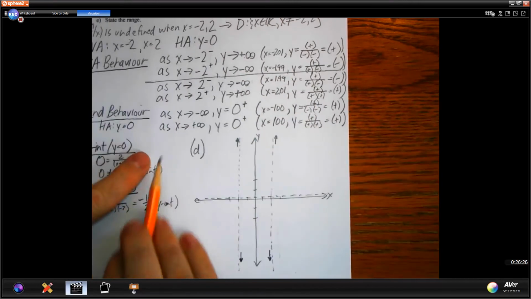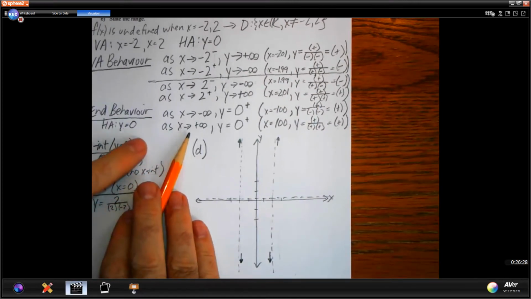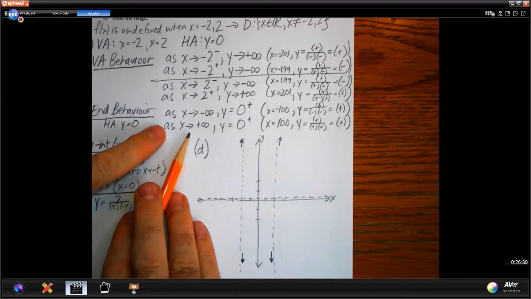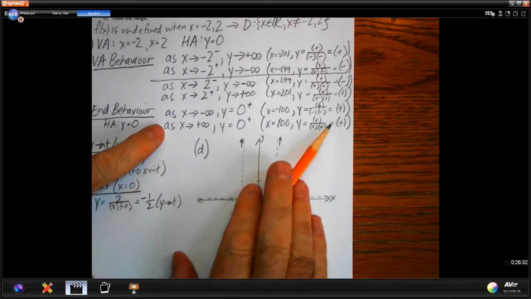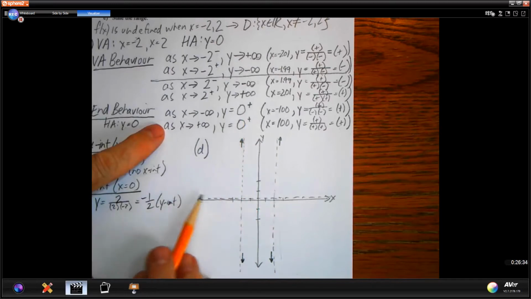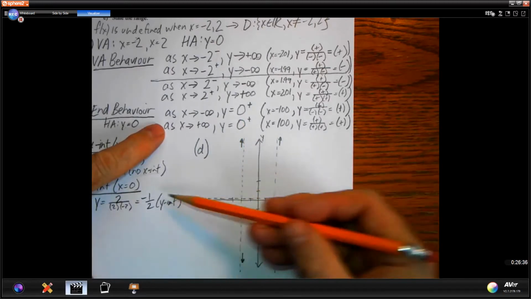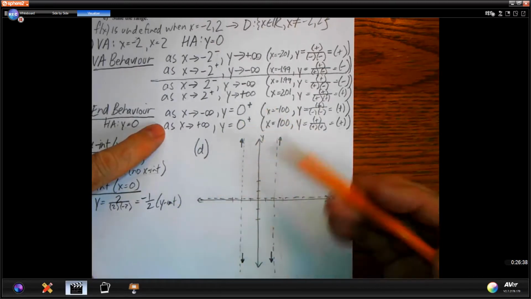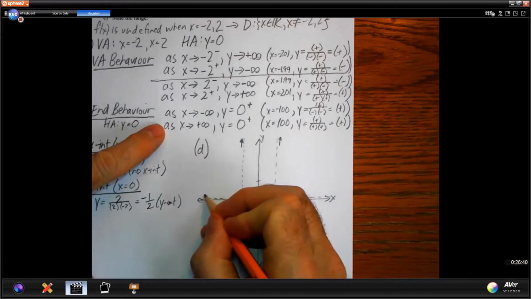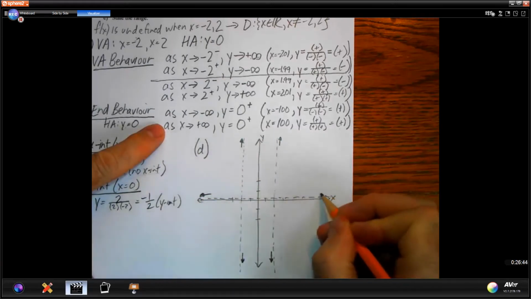Now I'm going to do the arrows for the horizontal asymptote, and we've already said that it's approaching from both sides, going in both directions. It's approaching 0 from the positive side, so that's the top. So I'm going to put a little arrow here, a little arrow here.